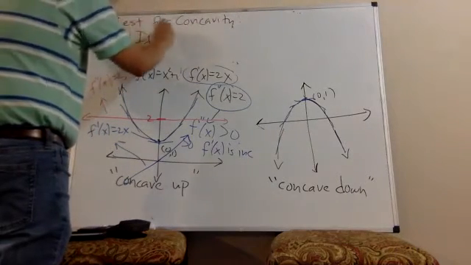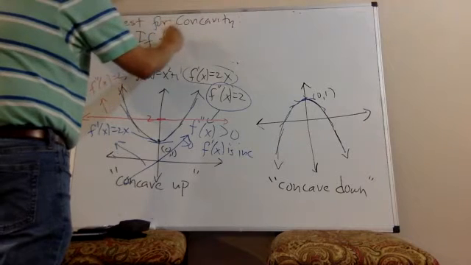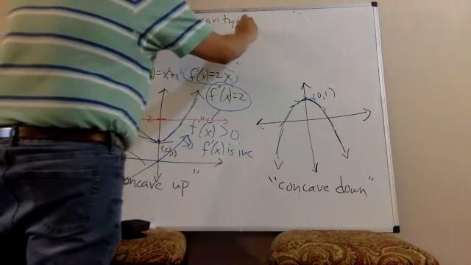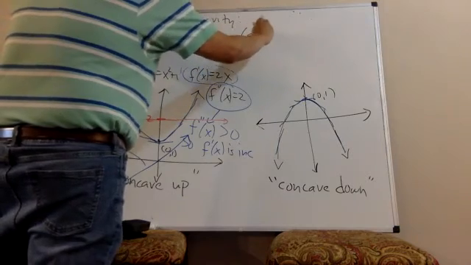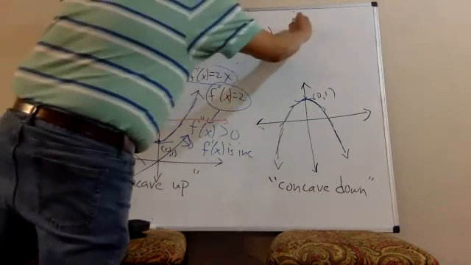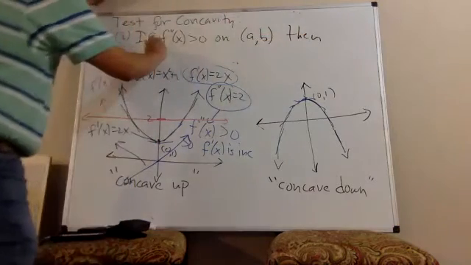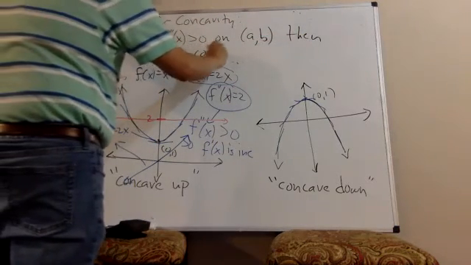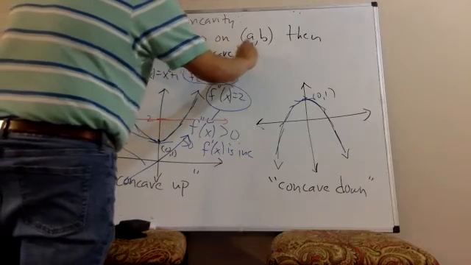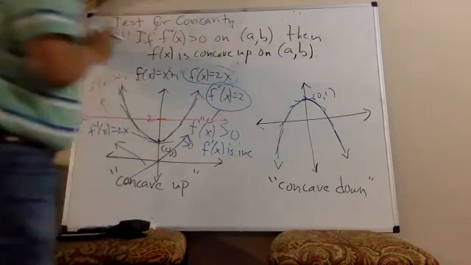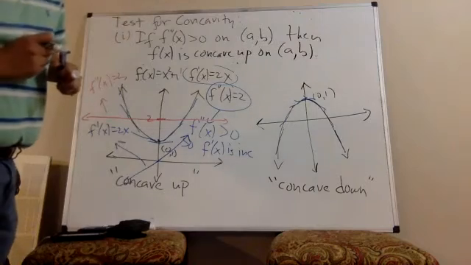If the second derivative of a function is positive on an open interval from a to b, then we say that f of x is concave up on that interval from a to b.